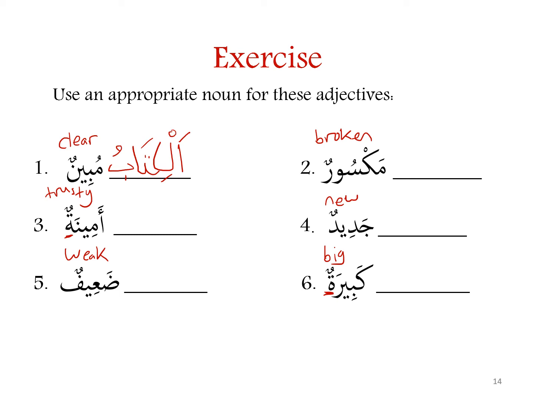So just keep in mind, I've got to put the alif lam there. Make sure there's no tanween. So now I'm saying al-kitabu mubinun, which means the clear book. You could have had another word, as long as it's appropriate in its meaning and it's definite or ma'rifah, like this word here. That's perfectly fine.